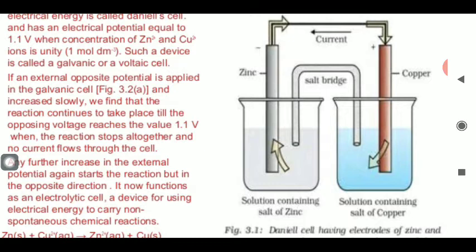So this complete study of the generation of the current in this indirect redox reaction is known as electrochemistry of the reaction, और जो डिटेल applications हैं वो आप coming class 12th में भी पढ़ेंगे in the unit electrochemistry.